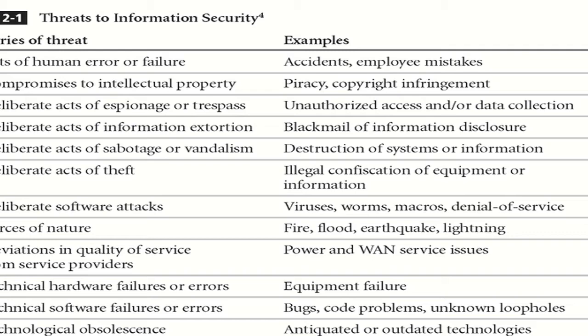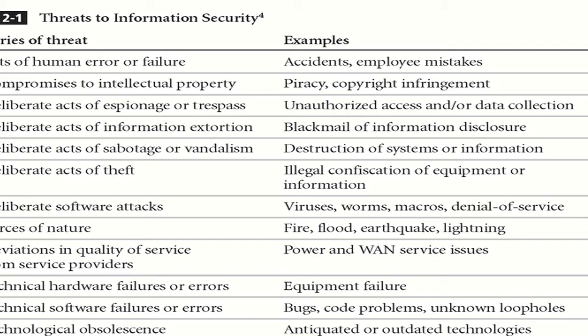There is also a category of threat that falls under technological obsolescence. Sometimes an organization can have outdated technologies. Let's say, for instance, some organization might be using Windows XP as an operating system, and some of the applications being used within their infrastructure make use of Windows XP.